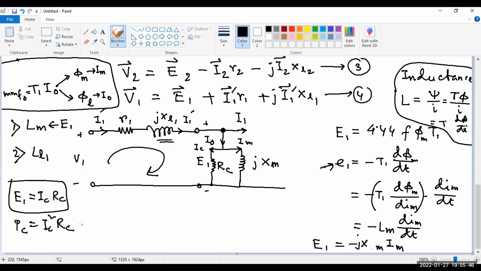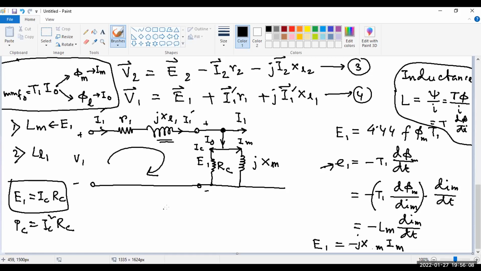These two concepts you have to add to your previous 7 equations. The definition of inductance and the concept of core loss.